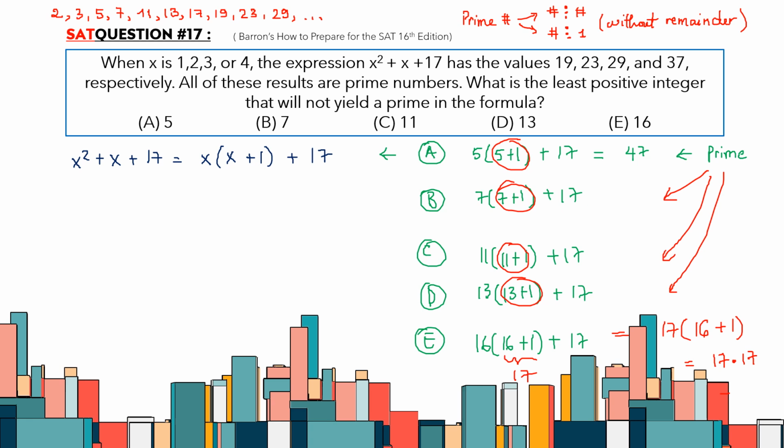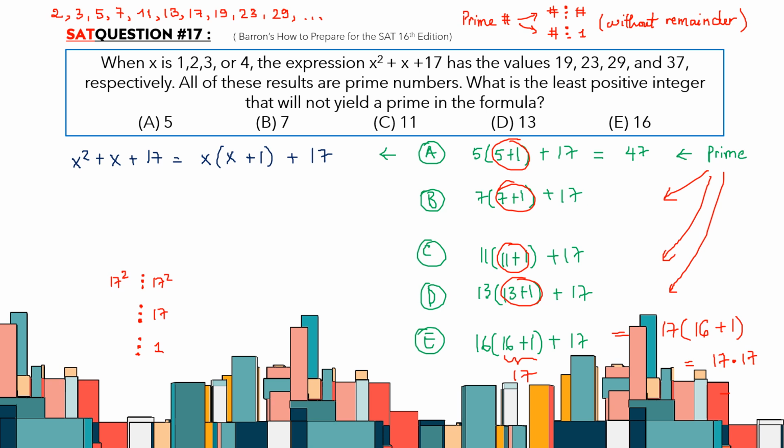But E, the number you have is 17 squared. That number can be divided by 17 itself, and also by 1, so that number is not prime.